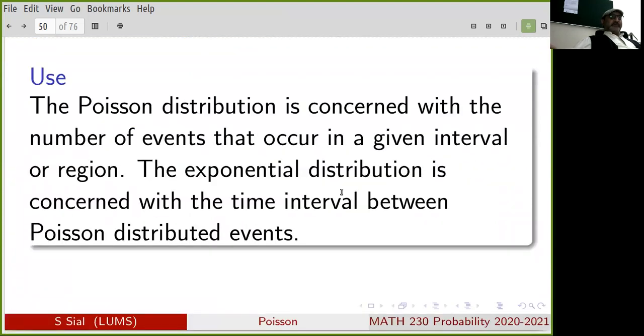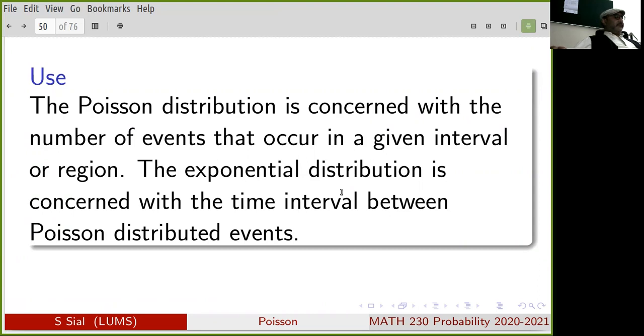So the Poisson distribution is concerned with the number of events that occur in a given interval or region. The exponential distribution is concerned with the time interval between events that we believe are Poisson distributed.